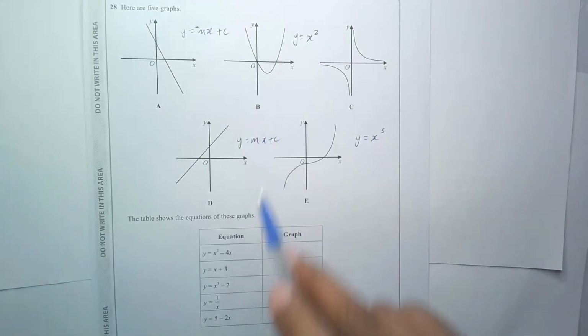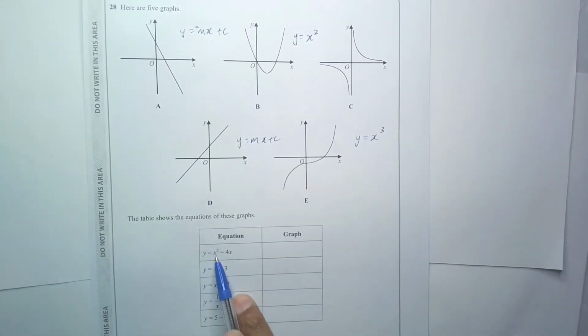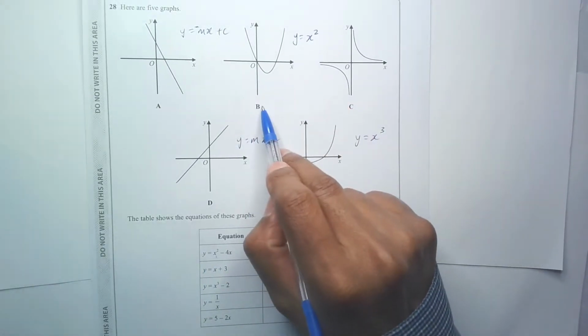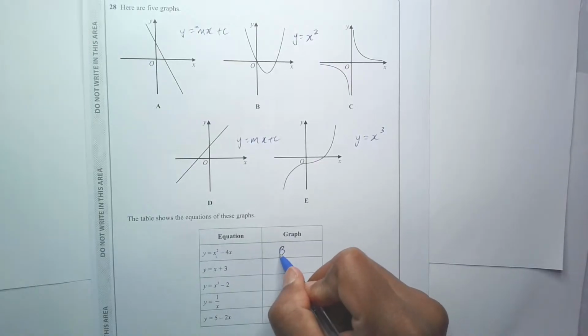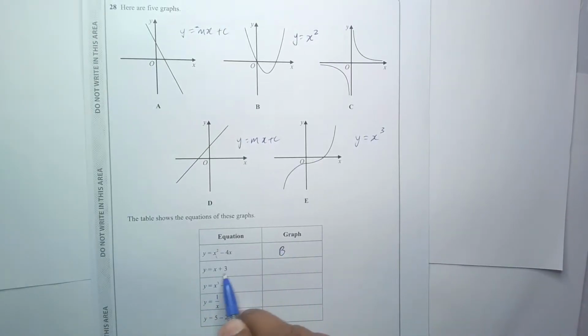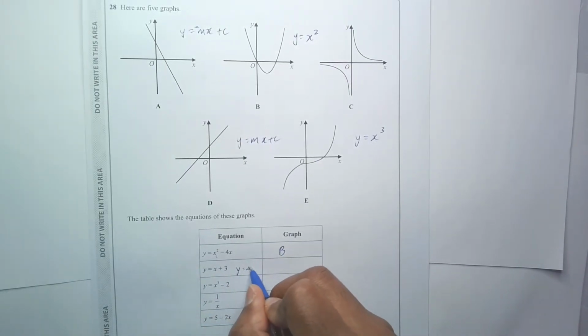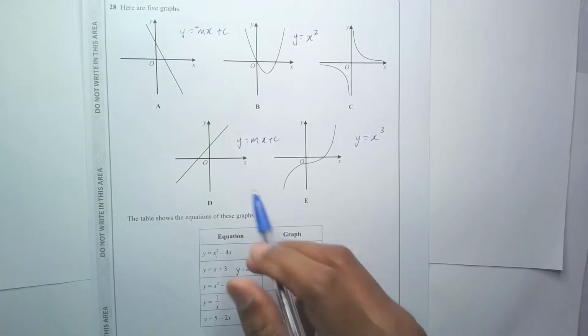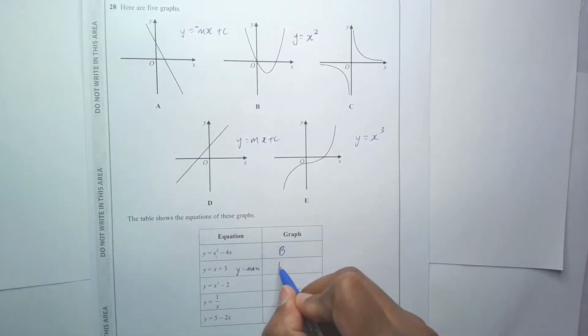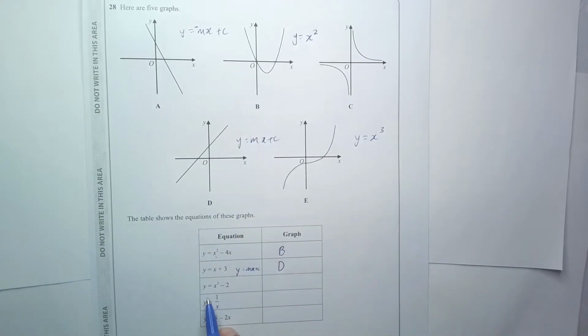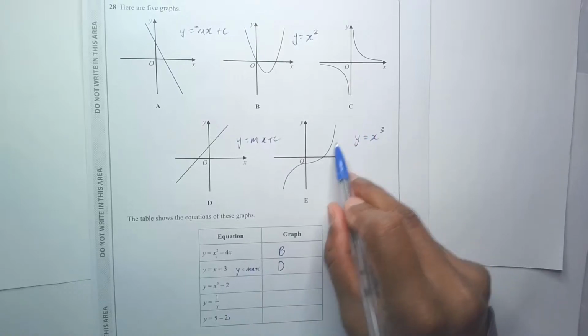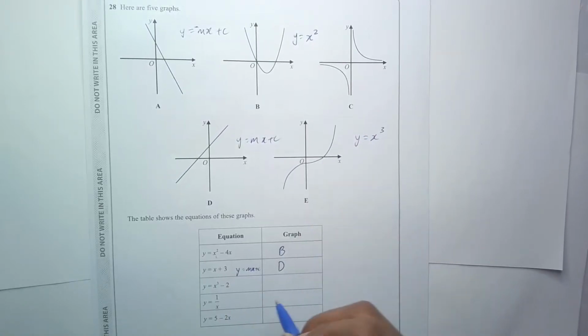So now if I look at my equations, x squared is here, so this is graph B. x plus 3, so that's y equals mx plus c format. So this is graph D. You can see this one here, x cubed, is this one here, which is E. 1 over x, I'm going to come back to that. y equals 5 take away 2x.